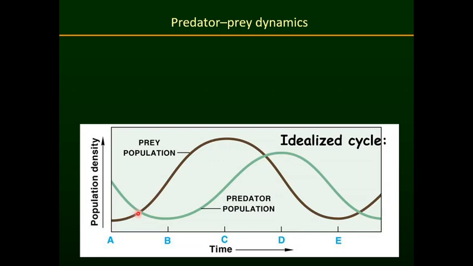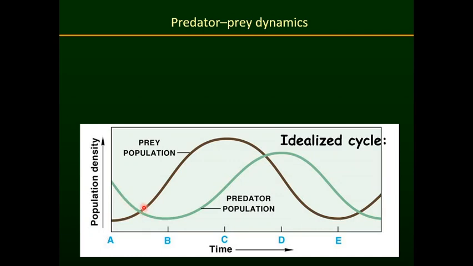So let's start with the situation right here between A and B. I'm going to start right here at a time when predator populations have come down significantly. Predator populations have crashed and their population density is really low. Prey populations, as a consequence, can start to grow. Because there's very few predators, the green line here is really low.